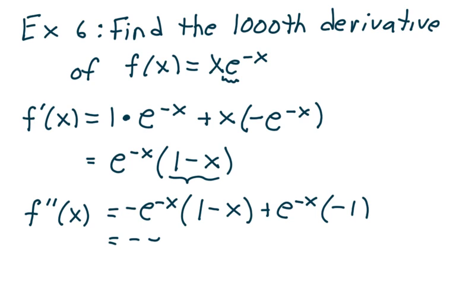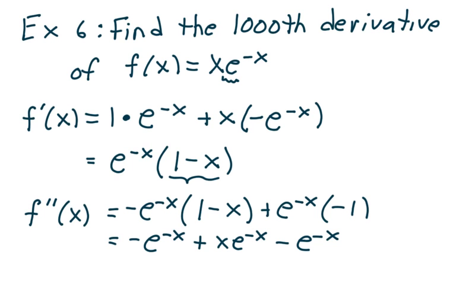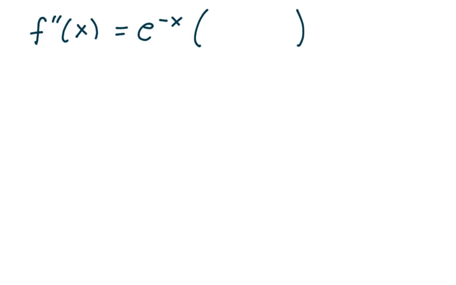So this is negative e to the negative x plus x e to the negative x minus e to the negative x. Okay? So if I factor out an e to the negative x, what it looks like I have in parentheses is x minus 2.